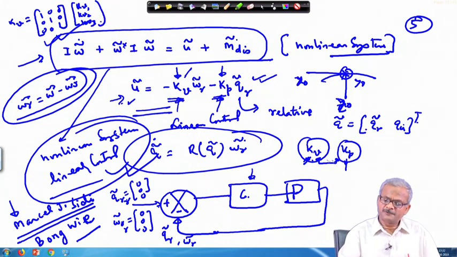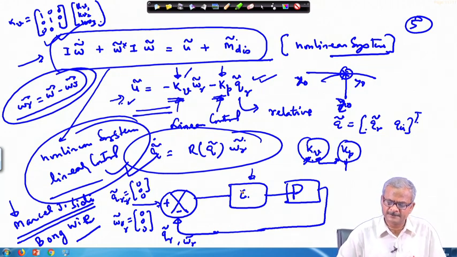The same way you can also keep for the Kp. So, it depends how you are going to design, and the design will depend on your requirement, how much precision you are looking for in pointing the satellite toward the earth, or if it is an inertial pointing. So, what is the degree of precision you are looking for.